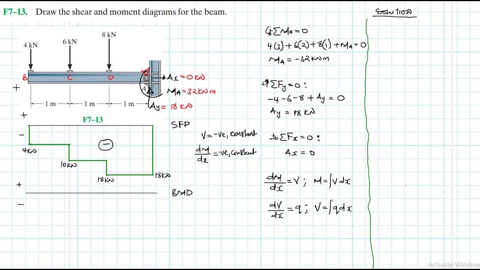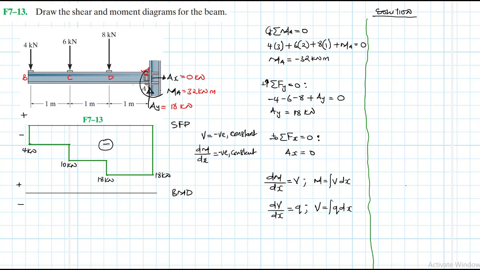So at B, of course, we don't have any boundary, any moment, applied moment to a couple. So we expect moment to be 0 at B, and then it will have a negative gradient, which is constant.